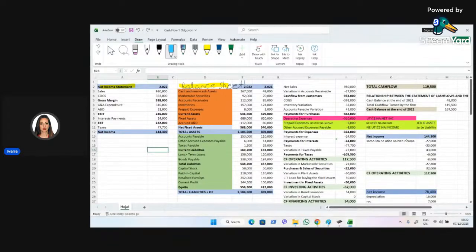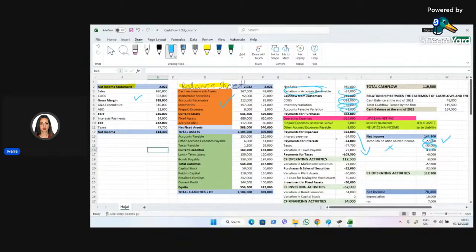Does it have something to do with the net income? No, because it's accounts receivable and it's asset, so we will put it here. Okay, does it have something to do with net income? Yes, it's here in net income, so it cannot be here. Okay, let's go further. Inventory, it's an asset, so balance sheet, we will put it here.